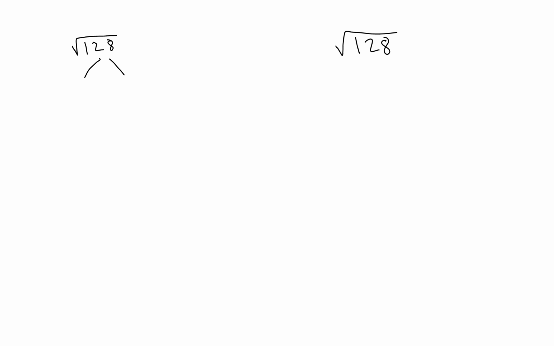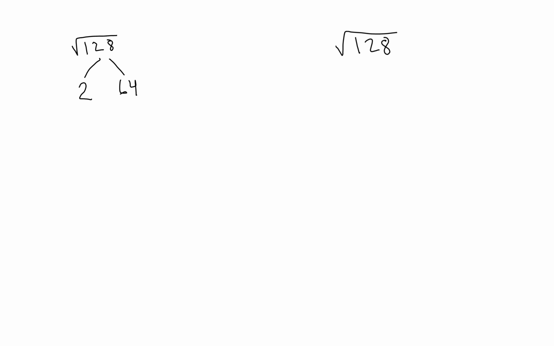We want to factor 128 into two numbers that multiply to get us back to 128. I'll do 2 and 64. Doesn't really matter which two numbers you pick, but 2 seems to be the most basic number, so we'll do 2.